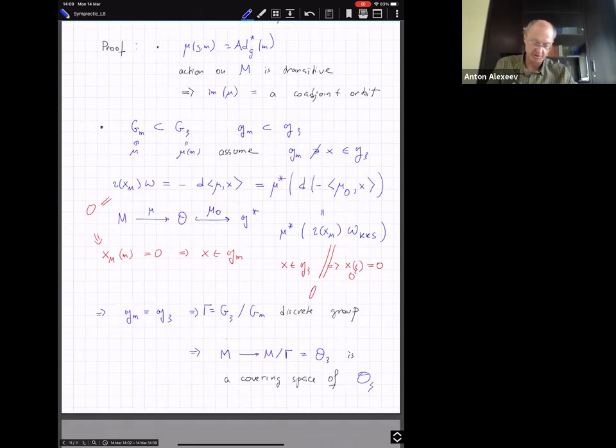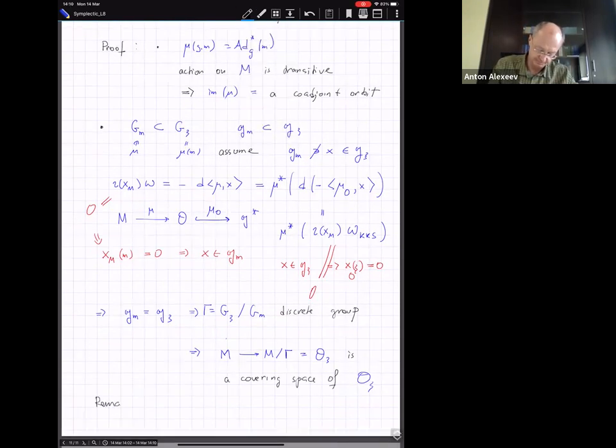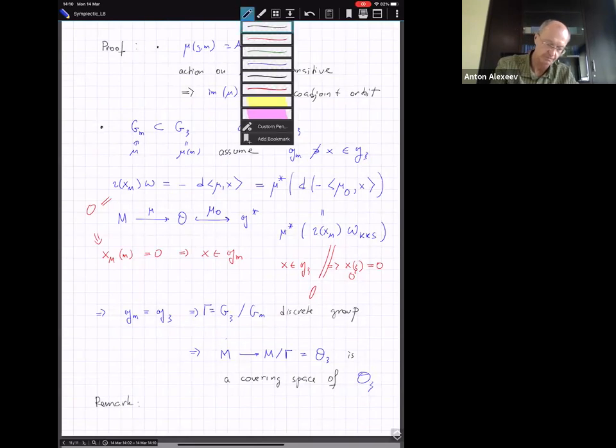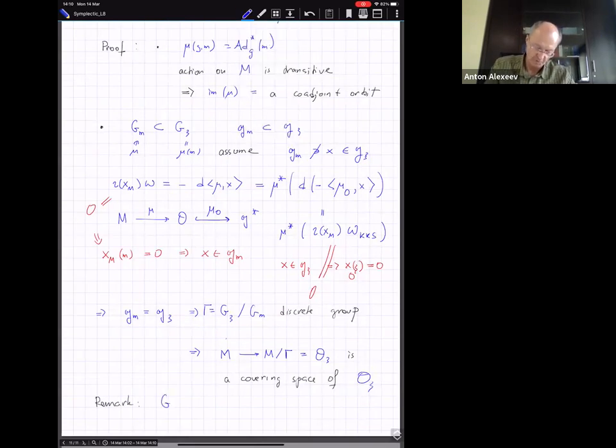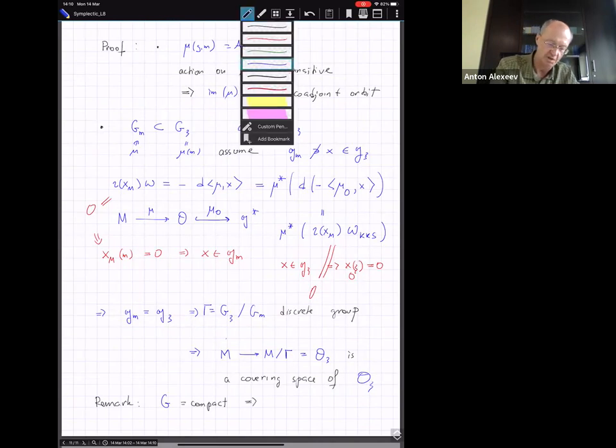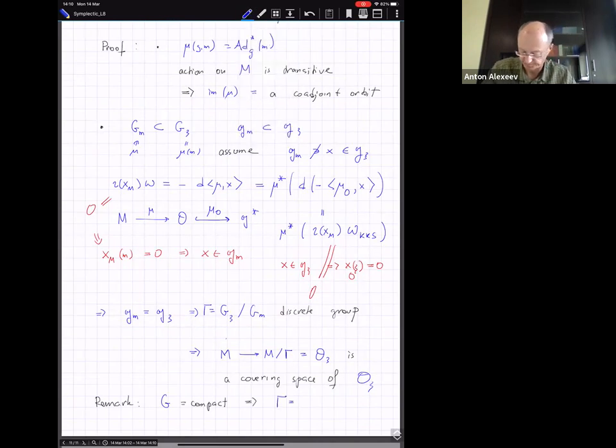In fact, maybe the last remark. If G is compact, then gamma is always trivial.